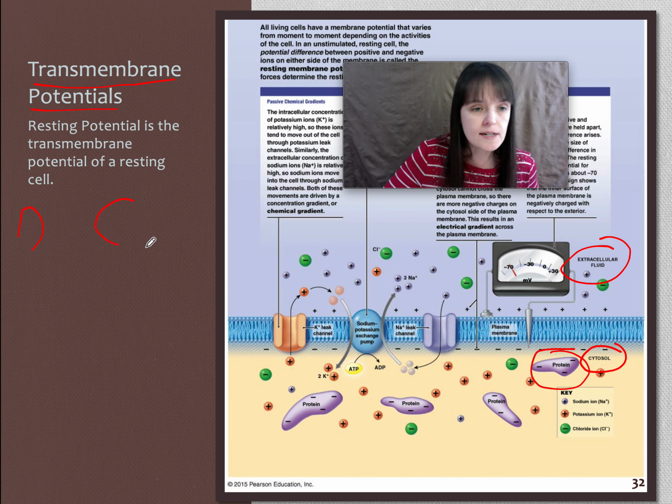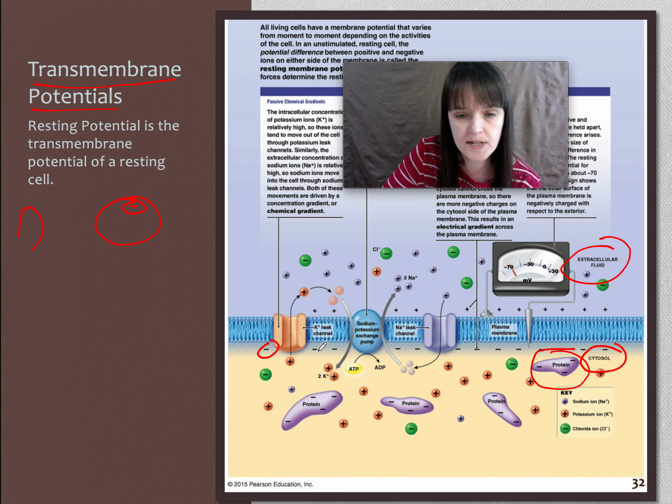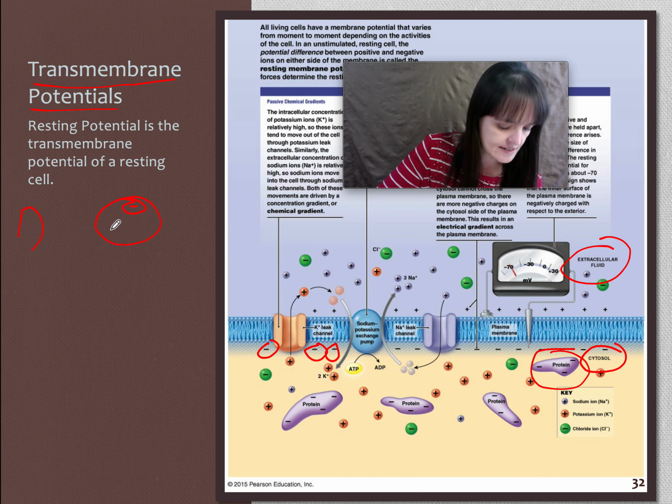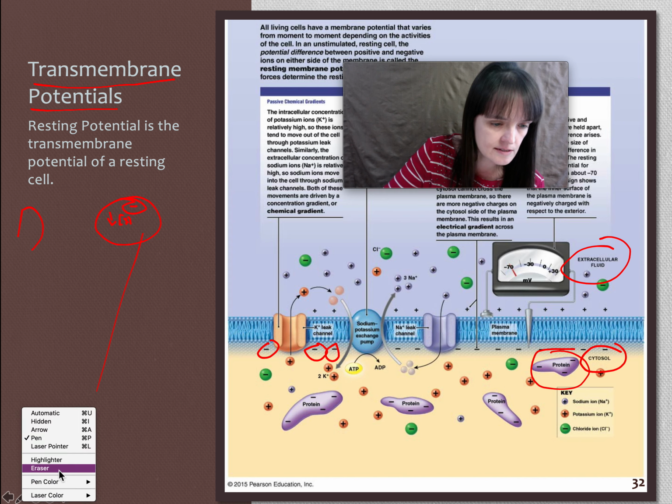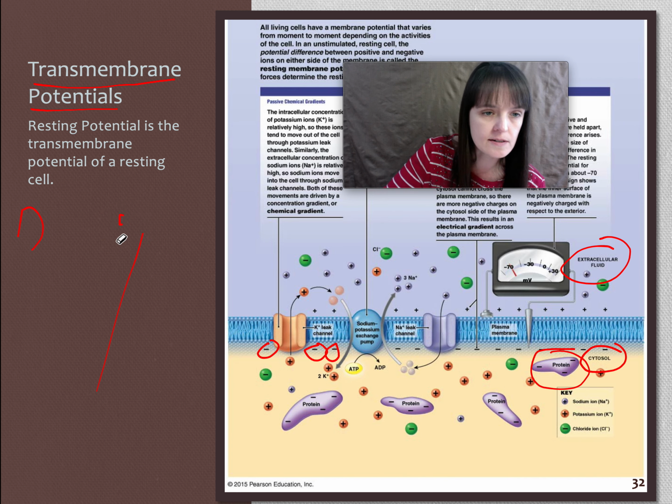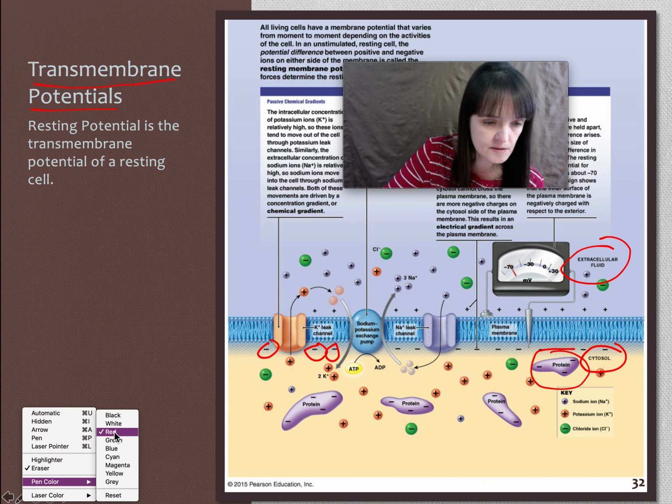Okay, so here's a cell. The inside of the cell is relatively negative compared to the outside of the cell, and it has a low sodium concentration. I didn't make my cell big enough. Let me erase this and start over.